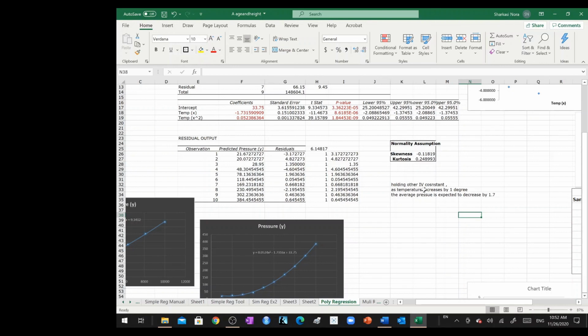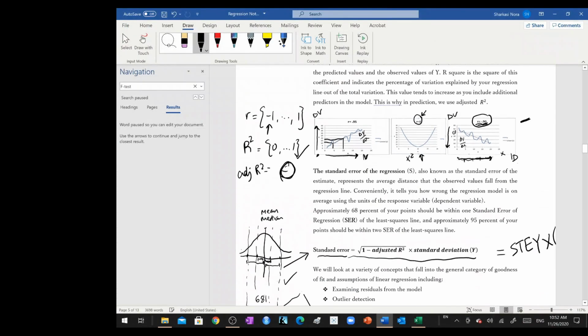Okay, so holding other IV, or independent variables, constant is very important to start with when you are interpreting this kind of polynomial regression analysis.